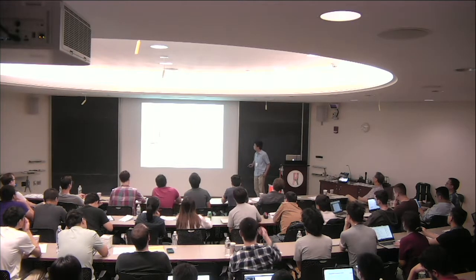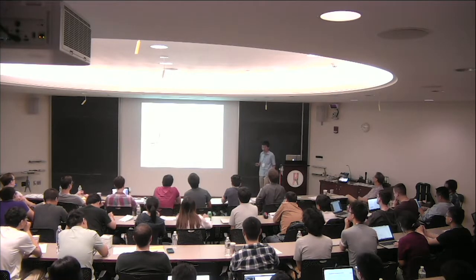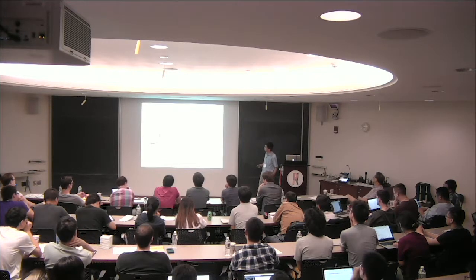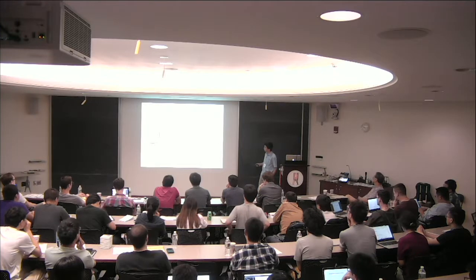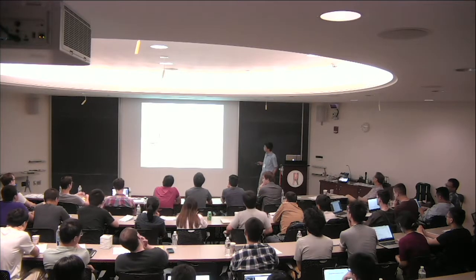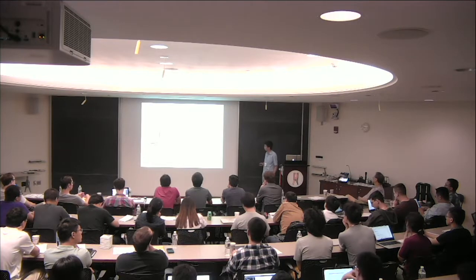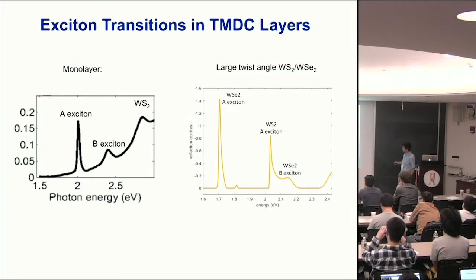Okay, so let's see what happens to the exciton optical properties. For a single layer, as I mentioned, there will be well-defined resonances, known as the A exciton and B exciton. If we have large twist angle, like I have shown previously, the spectrum can be largely described by the sum of monolayer WS2 and monolayer WSe2.